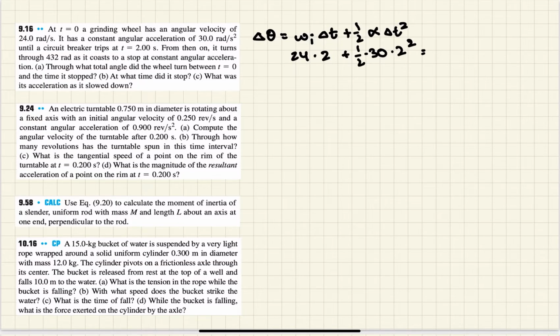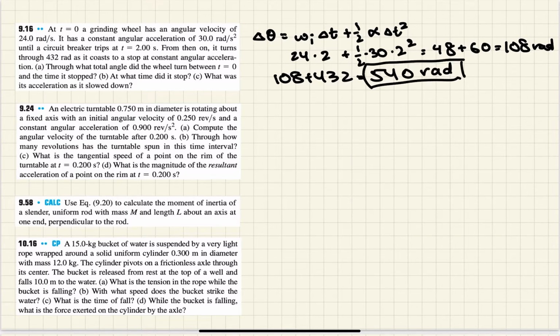But you would calculate this, and sorry, 48 plus 60 is 108 radians from 0 to 2 seconds, and then another 432 radians. So 108 plus 432 is 540 radians. So that's your answer to part A, the total angle.